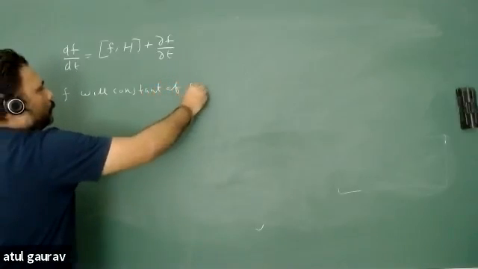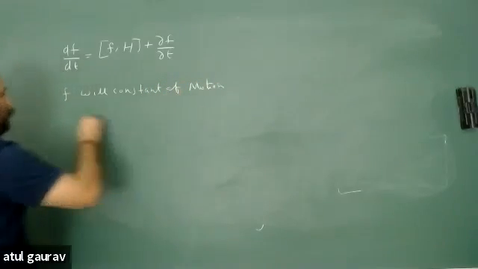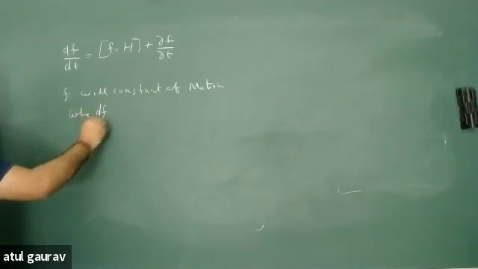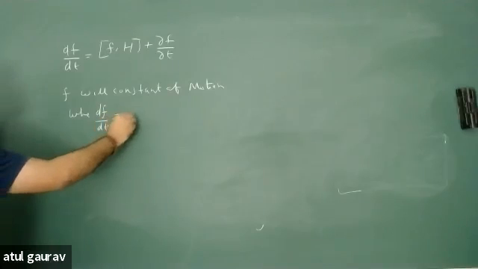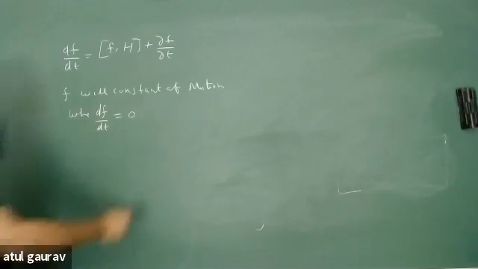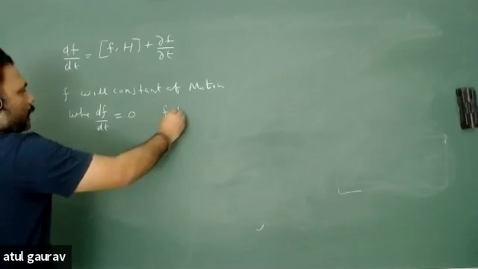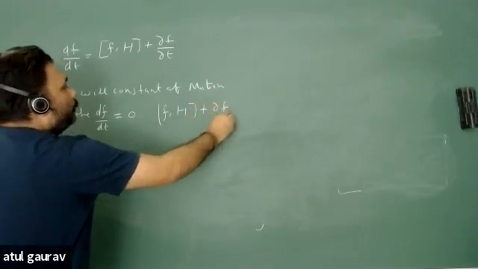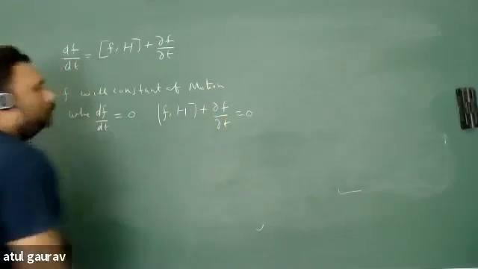Constant of motion when df upon dt is equal to 0. And when df upon dt is equal to 0, which means {f, H} plus del f upon del t must be equal to 0.